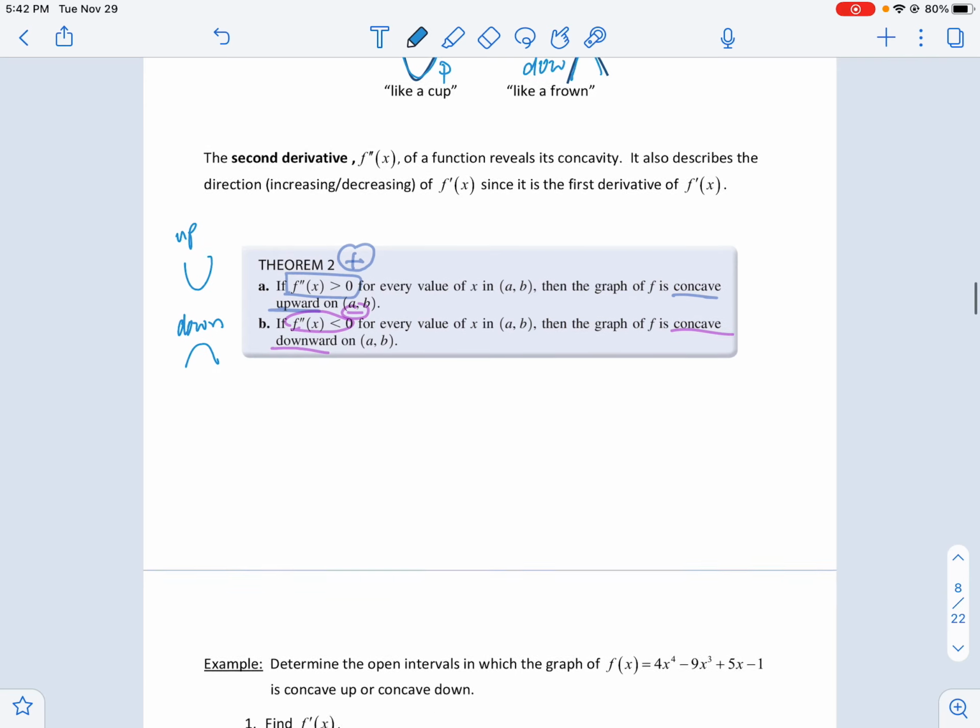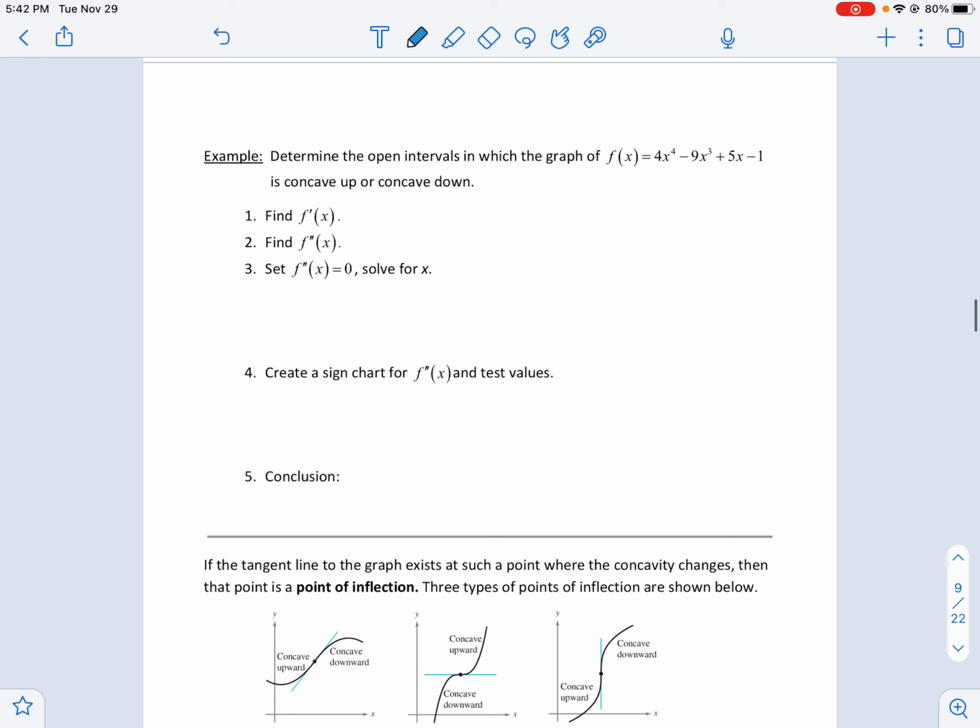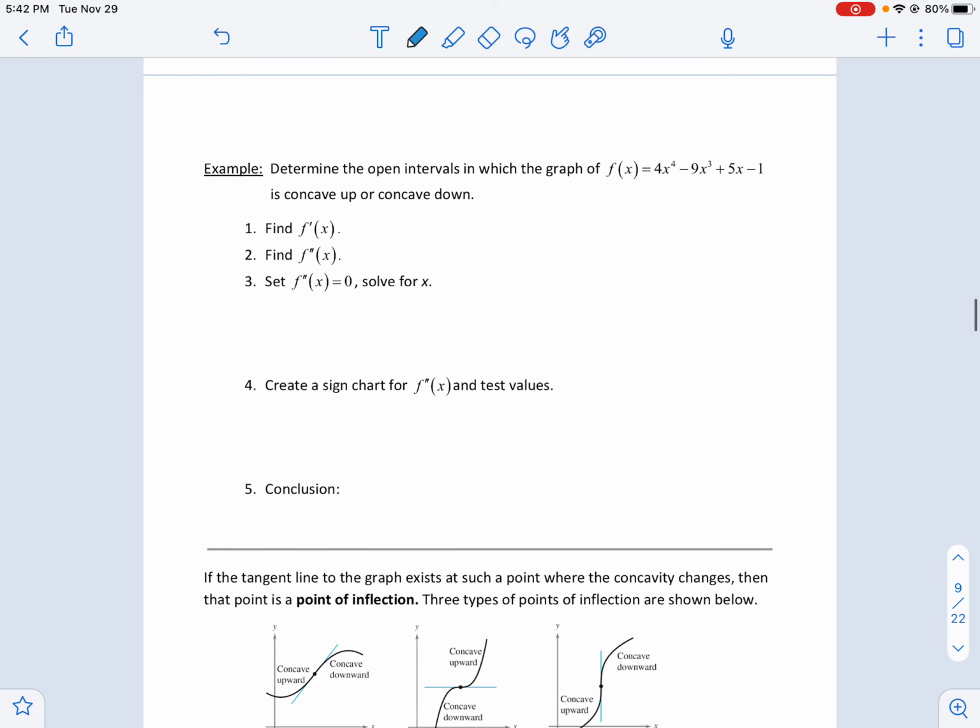So let's go into our example problem. We want to determine the open intervals in which the graph of f of x, 4x to the power 4 minus 9x cubed plus 5x minus 1, is concave up or down. So we will do this with a sign chart for the second derivative. So let's first find our derivatives. We're going to do f prime and then f double prime.